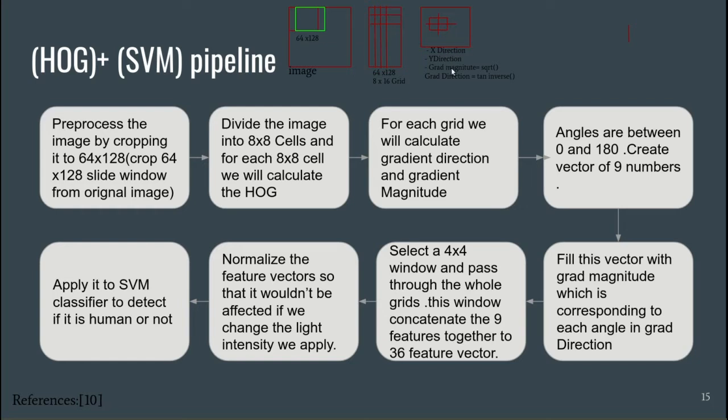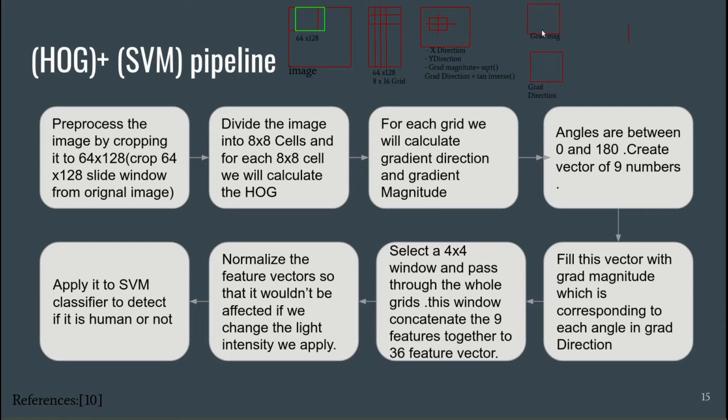Then I will calculate the gradient magnitude, which is the square root of x squared plus y squared, and then I will get the angles, which is the gradient direction, the tan inverse of x direction over y direction.